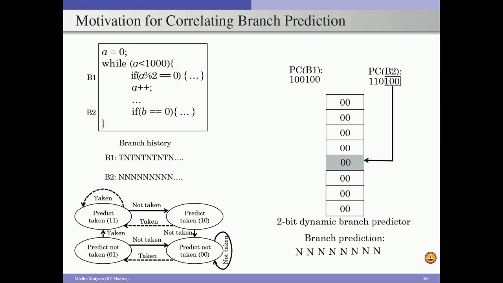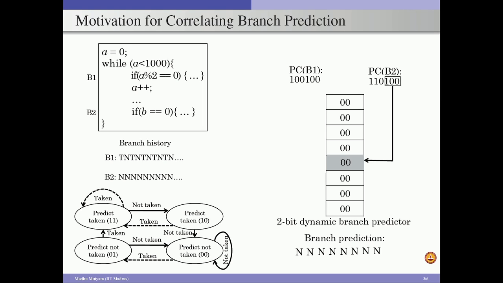So, effectively here if you see, because of the 2-bit dynamic branch predictor and also because of the interference between B1 and B2, B1 is not predicting the outcomes properly. In other words, we have to somehow learn the information from the other branch, so that B1 can improve the chances of predicting correctly.